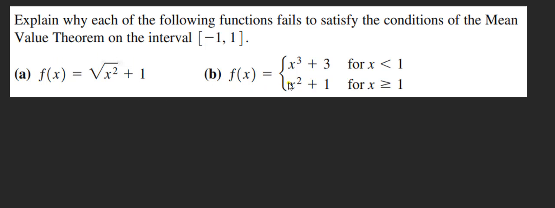Part B is a piecewise function, and if you forgot how to graph a piecewise function, I have a playlist on how to graph functions using the graphing calculator, TI-84 Plus CE. You might want to check that out.